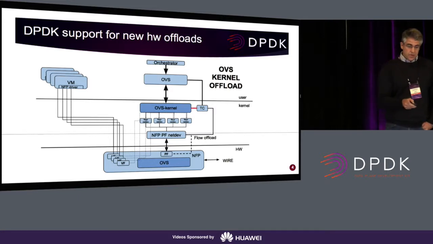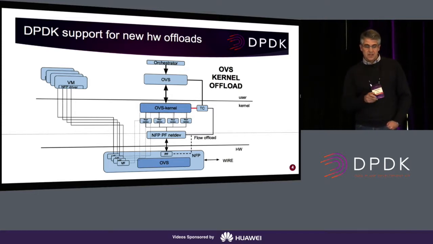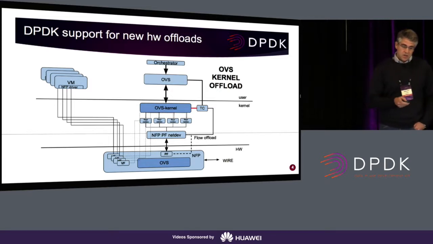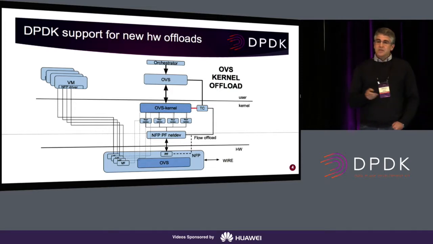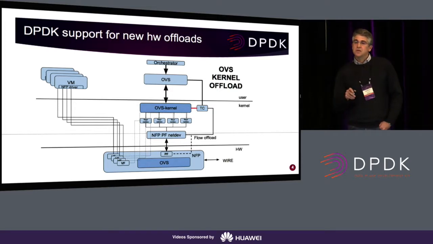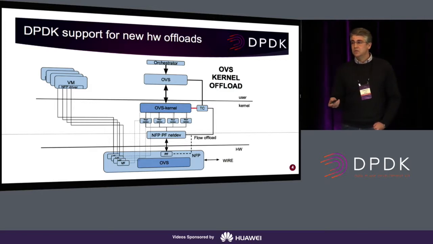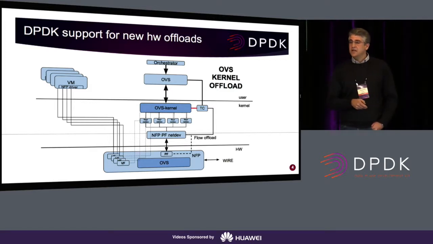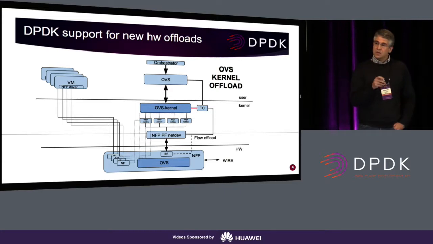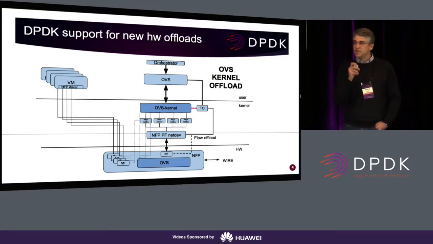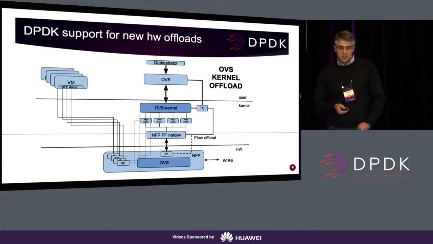So one problem you could say this architecture has is the VMs talking directly to the NIC, because for some deployments, what you want to have is VMs being agnostic of the hardware, so using virtio. So in this case, talking directly to the hardware with a specific driver, that is not accomplished.